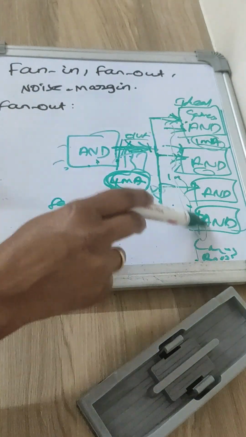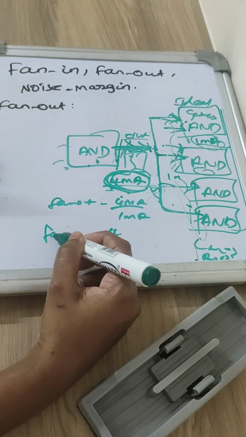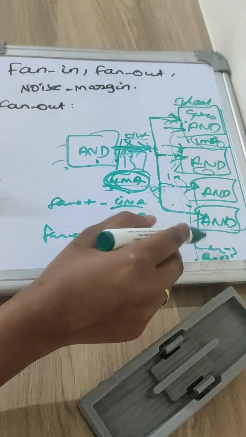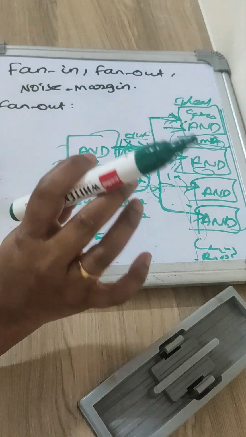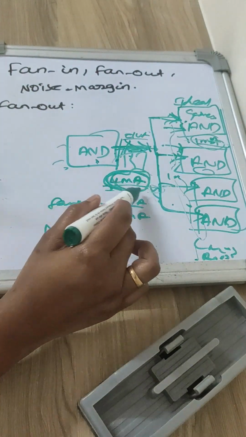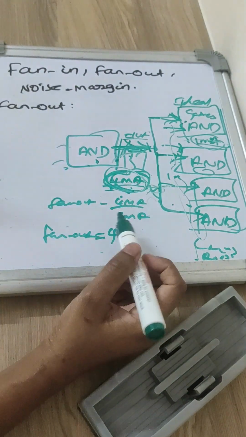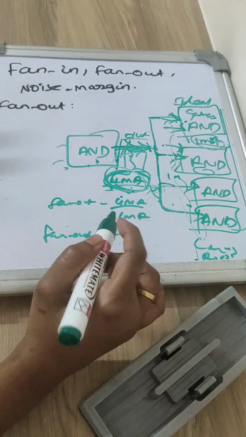It could all operate feasibly, so we can say that the fan out is 4 here, since we can connect 4 identical gates at the output. How these current values are mentioned in the specification, I will tell you. Generally this is the fan out.